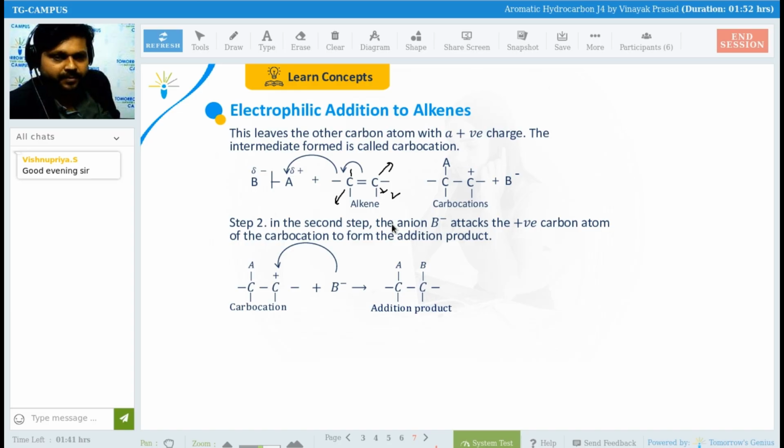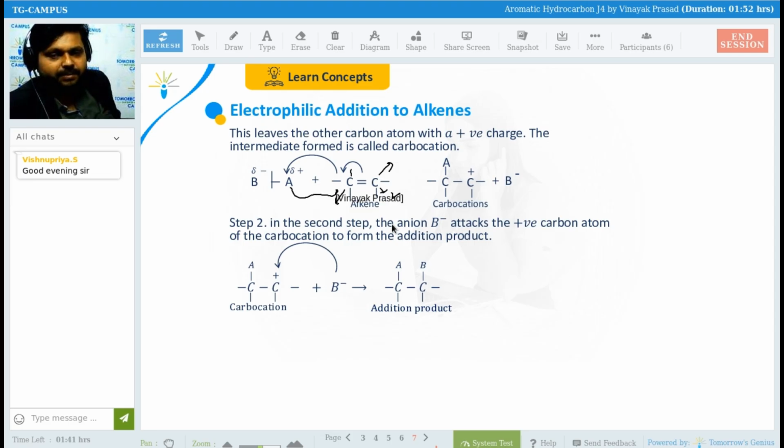Is it okay? See, here we are having B and A. One is electronegative, having minus charge, and one is having partial positive charge. So if minus charge is over the carbon, then this A will be coming to this carbon.